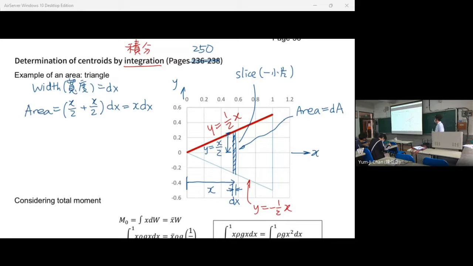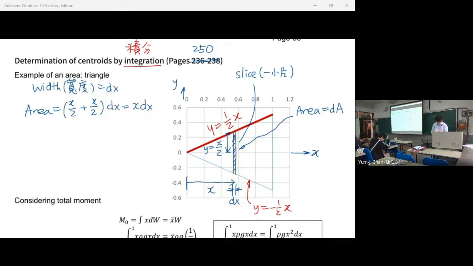Is that okay for you? Because the height, this is the x, and then the x is the width.